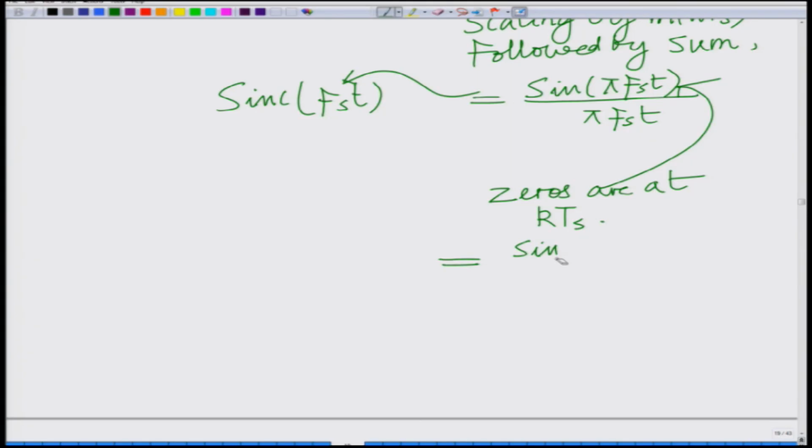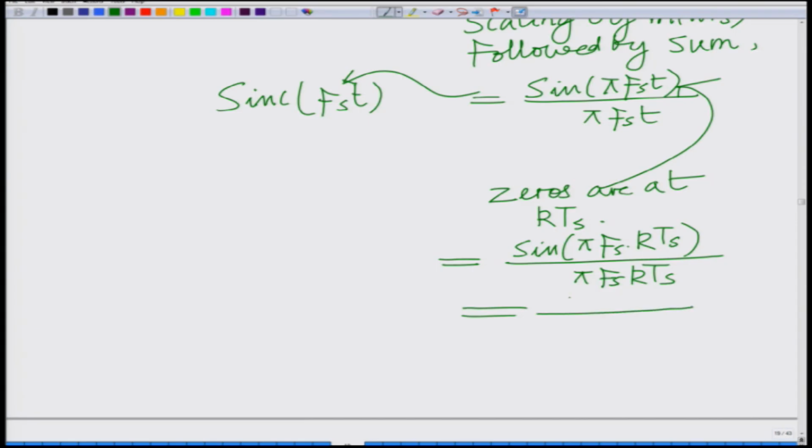This is sine of pi Fs k times Ts divided by pi Fs k times Ts, and Fs into Ts is 1. So, this is sine of k pi divided by k pi, which is 0. So, the zeros are at k times Ts, that is at every integer multiple of Ts.